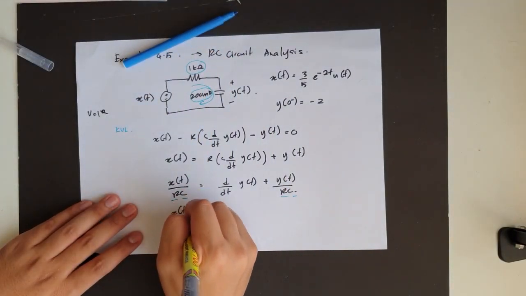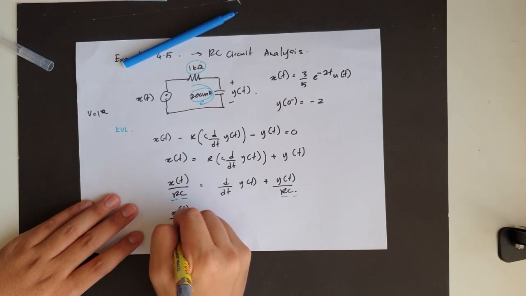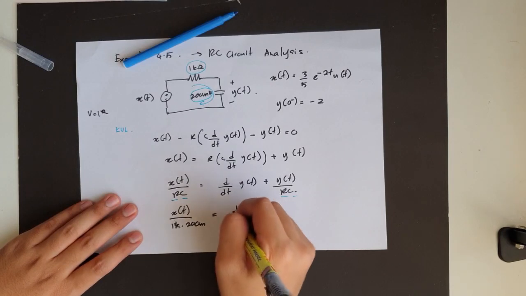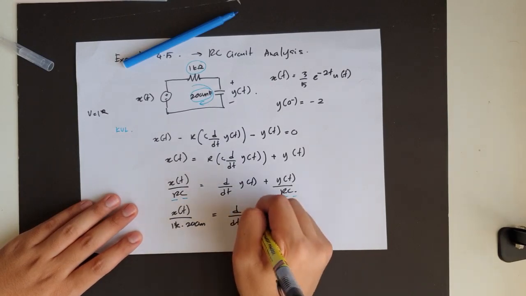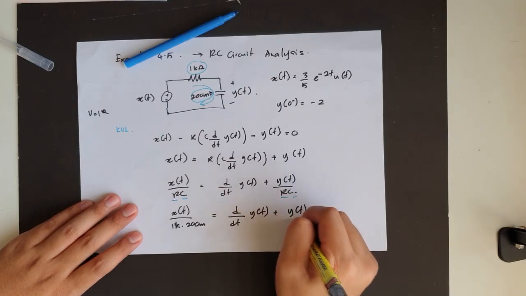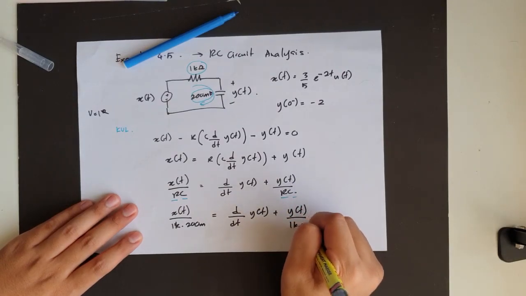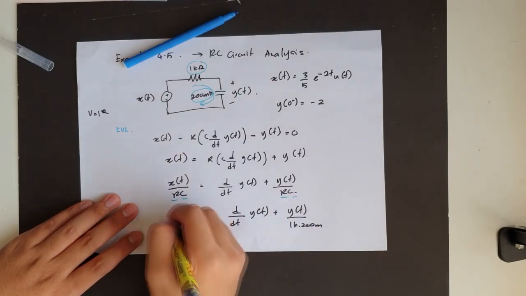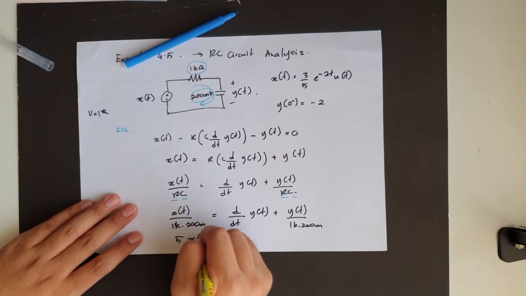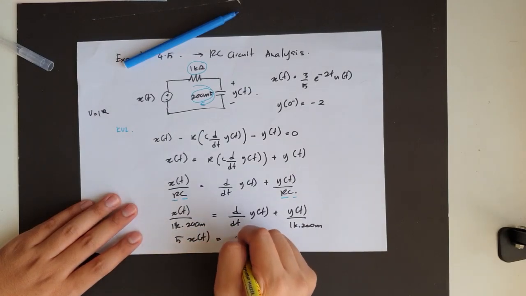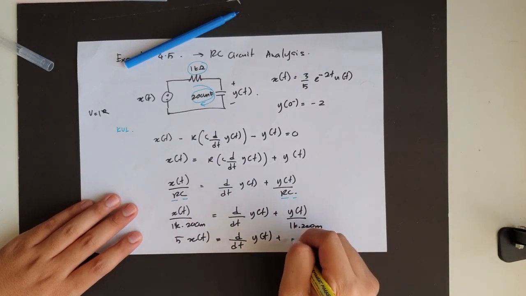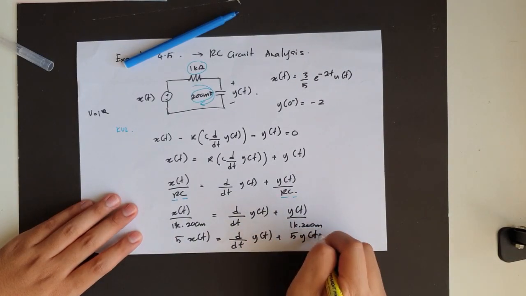So x(t) over 1k times 200 milli equals d/dt y(t) plus y(t) over 1k times 200 milli. So 1 over 0.2 is equal to 5, and 5x(t) equals d/dt y(t) plus 5y(t).